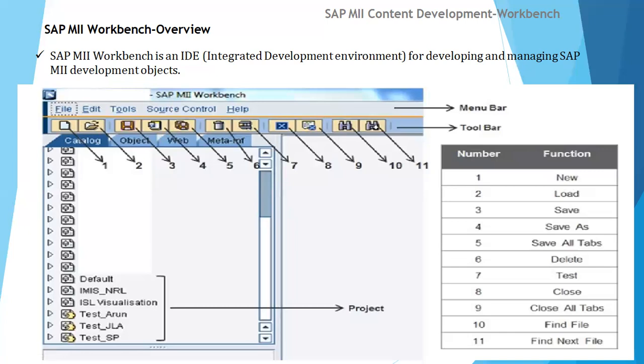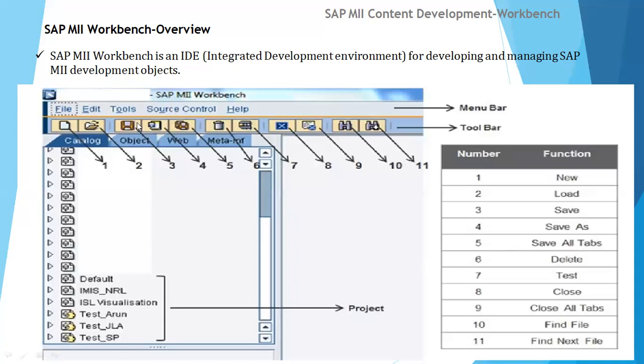There are different types of objects you can create in SAP MII, which I will cover in a later session. And there is a load button. Clicking on this, you can load a created object; you have to select the particular object that you want to open.